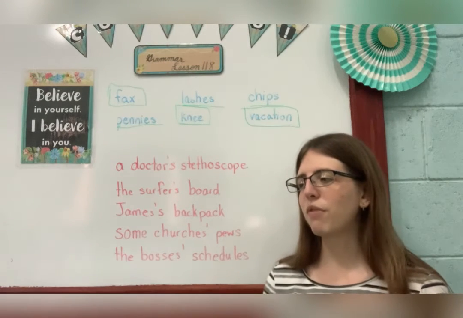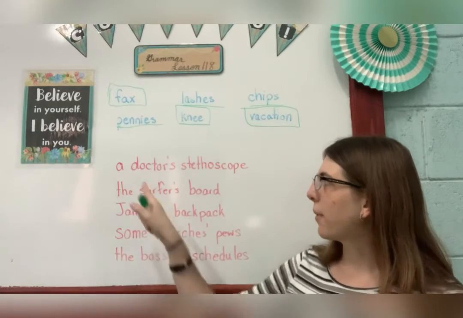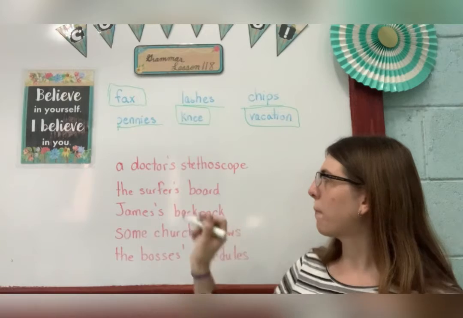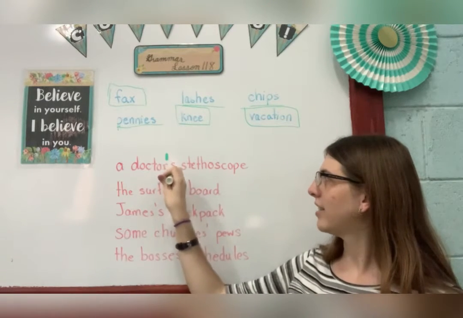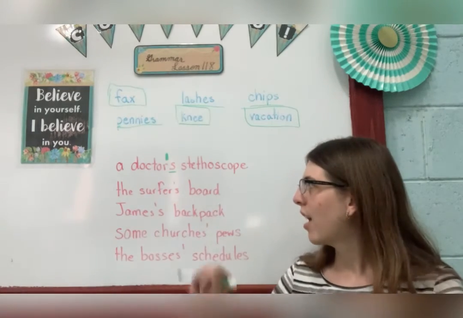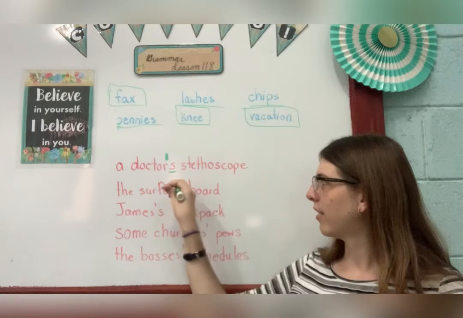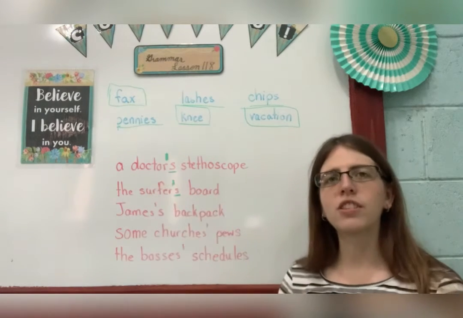The possessive form of nouns have an apostrophe and S added to them. For example, a doctor's stethoscope. So you see you have your apostrophe S, showing that the stethoscope belongs to the doctor. The surfer's board. So you have an apostrophe and an S. The board belongs to the surfer.